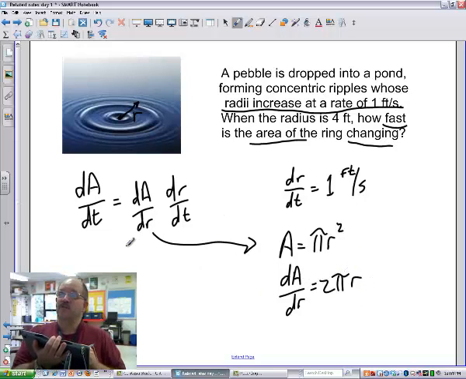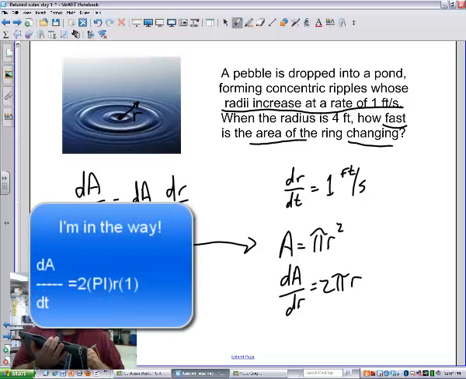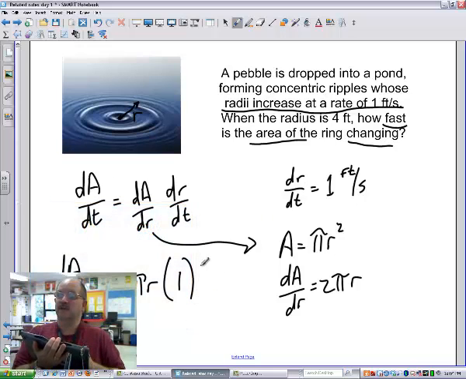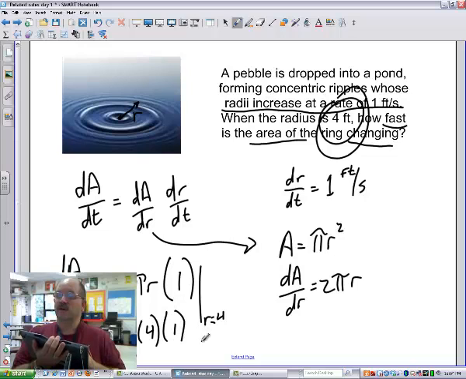So we can plug in: dA/dt is equal to 2 pi r times dr/dt, in this case 1. We want to know how fast when the radius is 4 feet. So when r equals 4, this little bar line means evaluate when. So 2 pi times 4 times 1 is 8 pi.